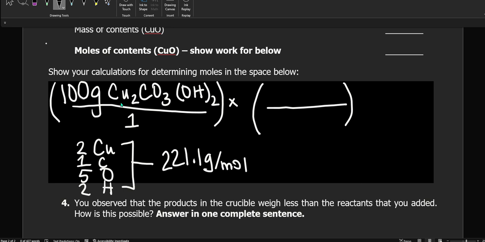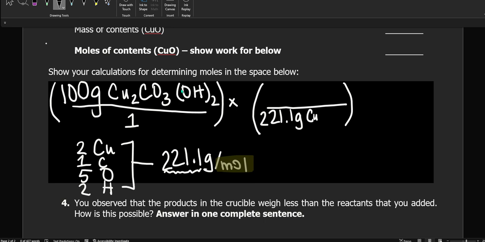So what I'm going to do is put the grams down here. The number is always attached to the grams. This number right here is never going to be attached to the moles, okay? It's always attached to the grams.